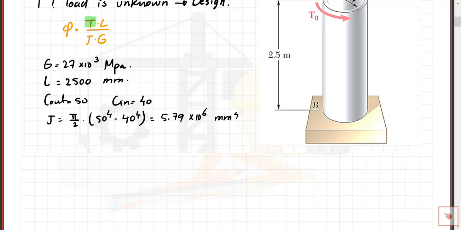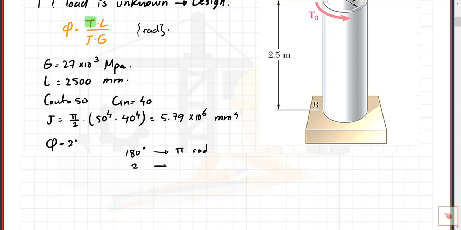The trick in this question is phi. Phi is given as 2 degrees, and in this formula phi must be in radian. So we need to convert from degree to radian. We know that every 180 degrees is equal to pi radian.